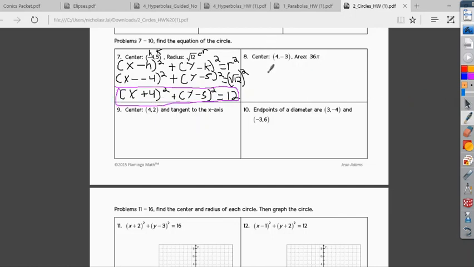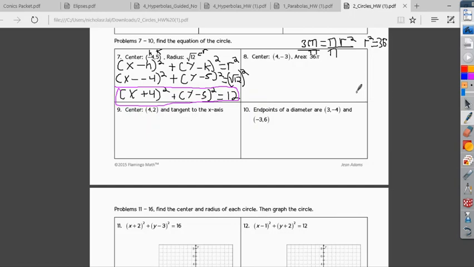Now, for problem 8, we have a center at 4, -3 and an area of 36 pi. So here, 36 pi is equal to pi r squared. Divide each side by pi, and r squared is equal to 36.